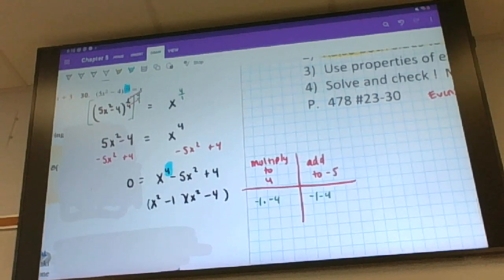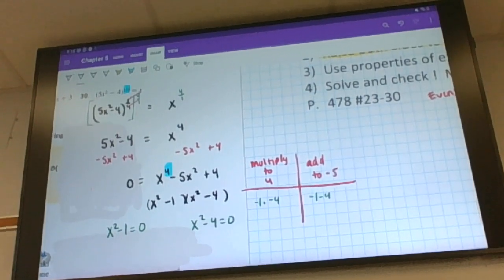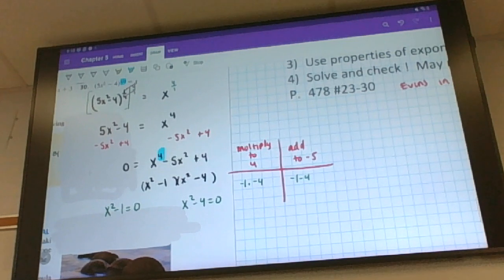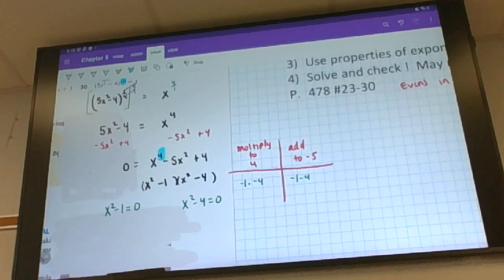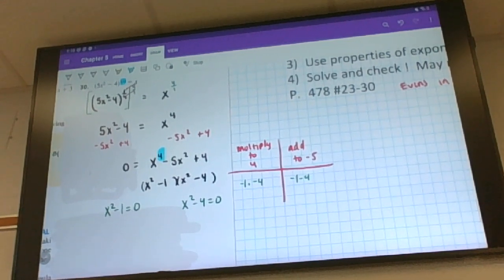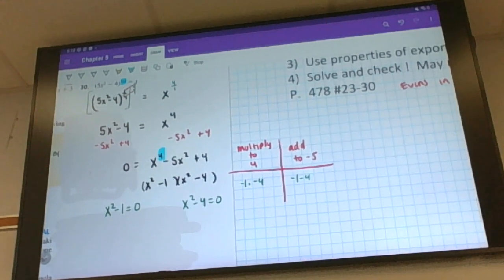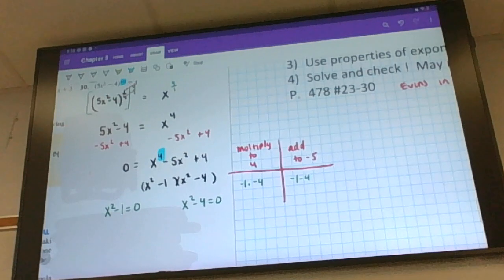Now I got to solve both of these. So I do x squared minus 1 equals 0, x squared minus 4 equals 0. What is happening? What is that? X squared minus 1, x squared. What is that? These are parentheses. Oh, the parentheses.